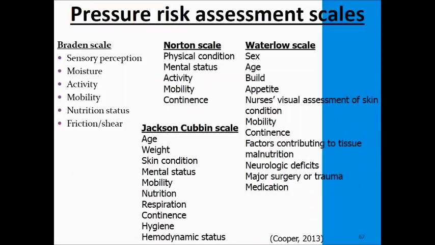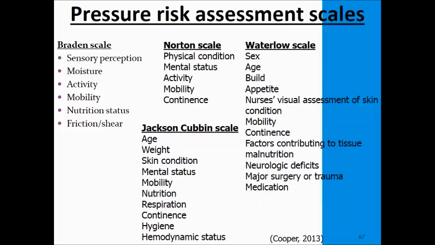All right, pressure risk assessment scales. So there's many different scales. I know you guys are familiar with the Braden scale, but there's also the Norton scale, which includes risk factors that they look at to determine whether a patient's at risk for breakdown or pressure ulcers. So they look at physical condition, incontinence, which is different from the Braden scale. The Waterlow scale has many more risk factors.